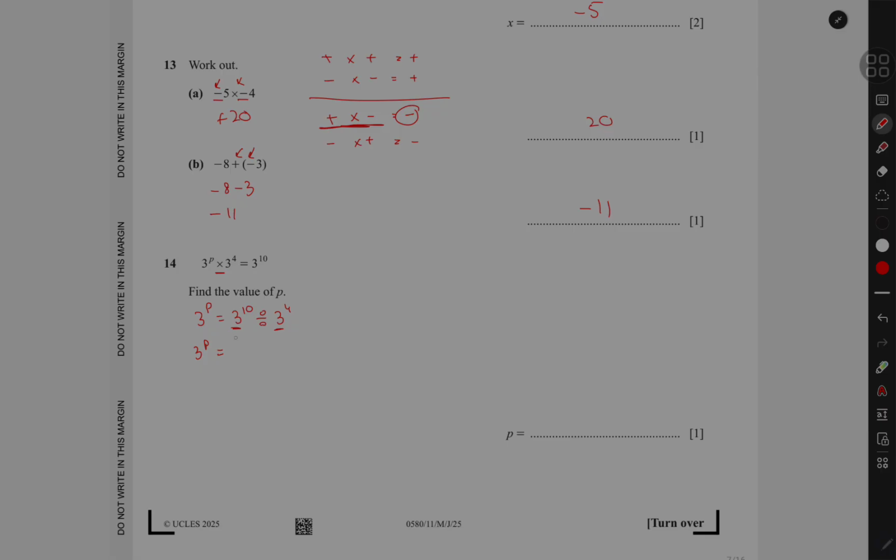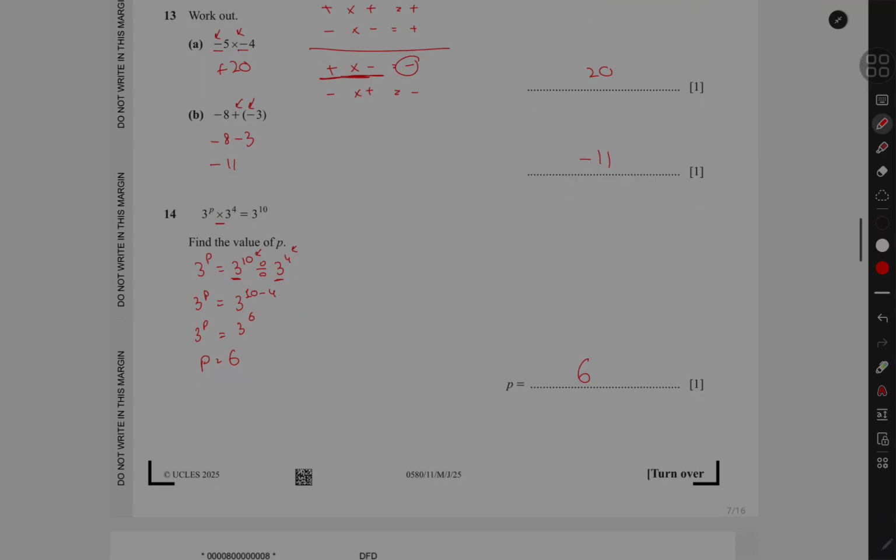We can just subtract the powers. So that would give me 3 raised to power 10 minus 4, which is 3 raised to power 6. So p is equal to 6. Pretty simple.